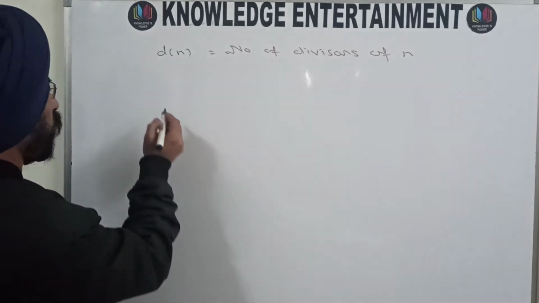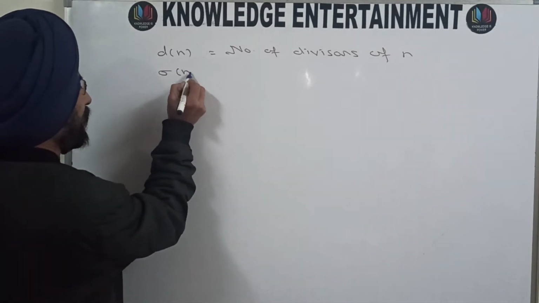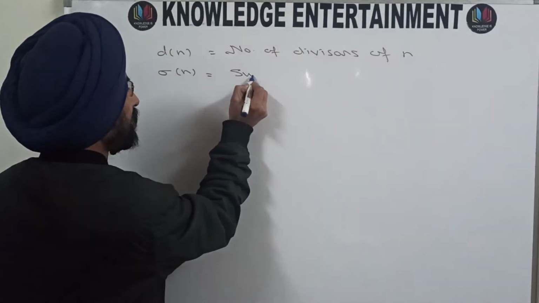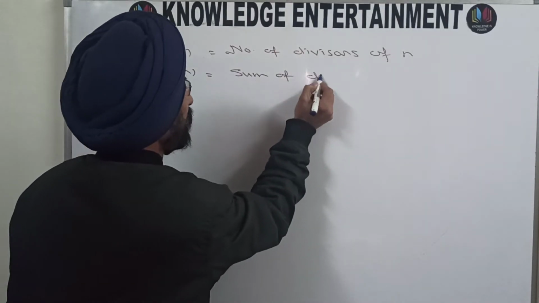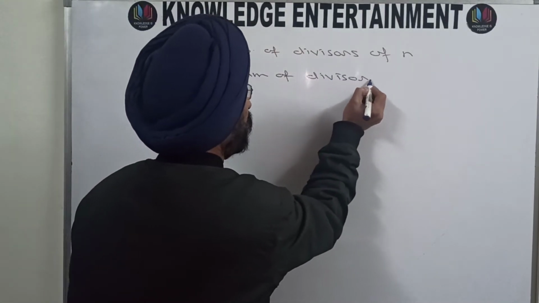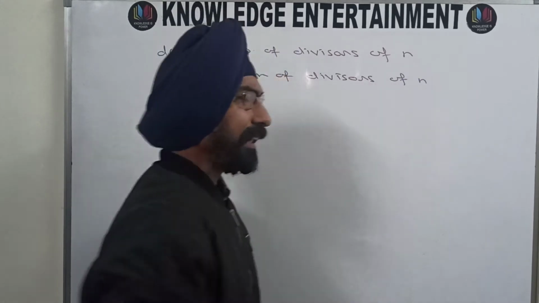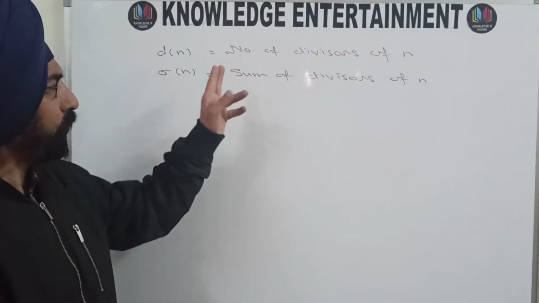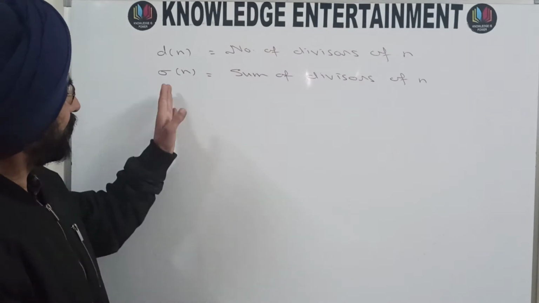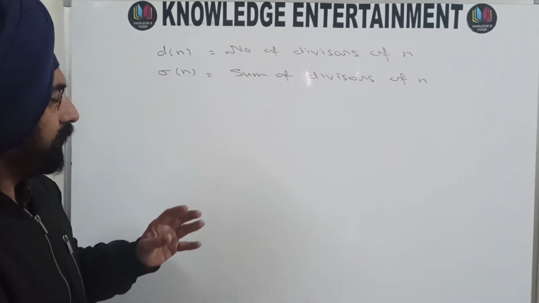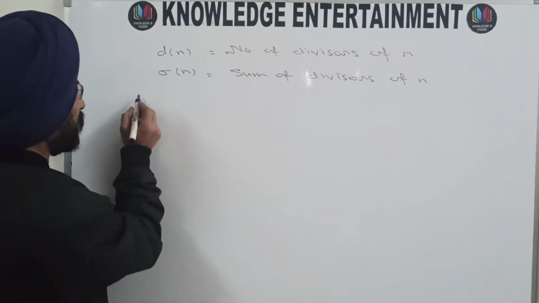The second common function is sigma(n). It is the sum of divisors of n. Earlier it was the number of divisors of n, and now it is the sum of divisors of n. This is sigma(n). The third one is sigma_k(n).